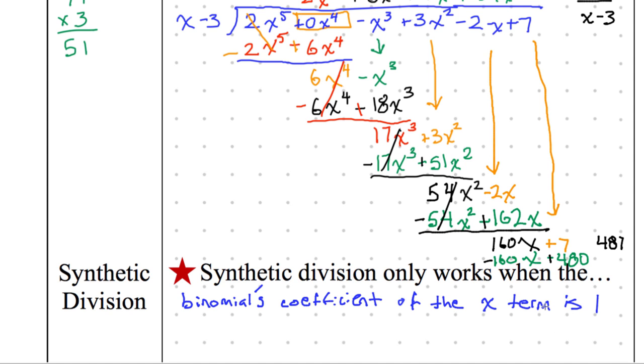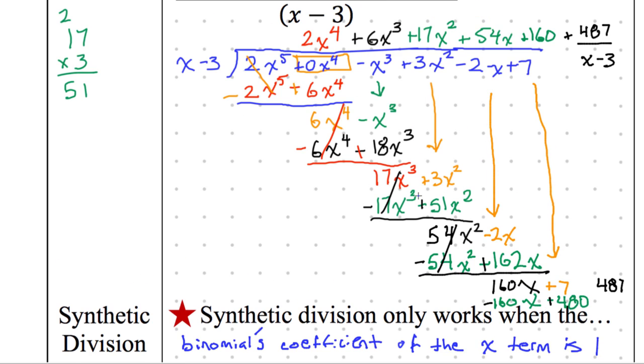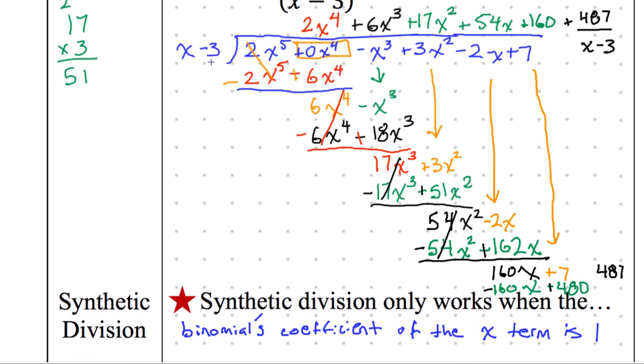For example, if I look at this one, the coefficient of this x was 1, so it works. If I have 2x minus 3, it no longer works. So if ever on Khan Academy you see a 2x minus 3, you have to do it the long, old-fashioned method that we just did right here. But normally, what I plan to have you do is use synthetic division as much as possible.